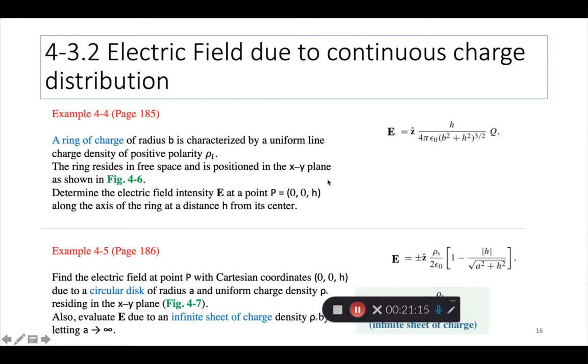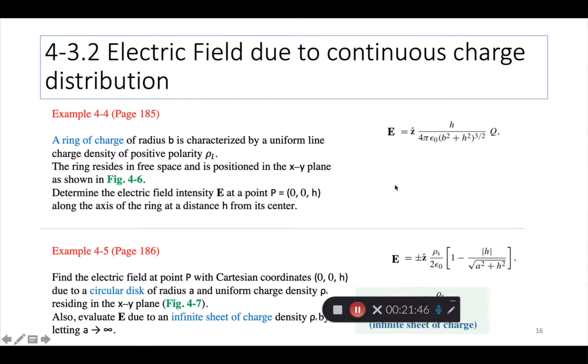So here there's a ring of charge. A ring is a very thin ring. It's like, you know, what you may wear on your finger, much thinner than that. So if you're given a ring of charge, it's a linear thing, so it's only concerned with length, and it has a charge density of rho L. Given that, we are asked to find, now the ring itself has a diameter or radius of b.